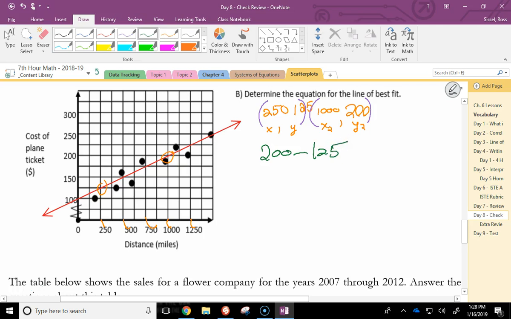And then you're going to want to put it all over. Okay, what goes underneath to find slope again? Damari? What's the equation for it? 1,000 minus 250. Good. So 1,000 minus 250. That is our x2 minus our x1.